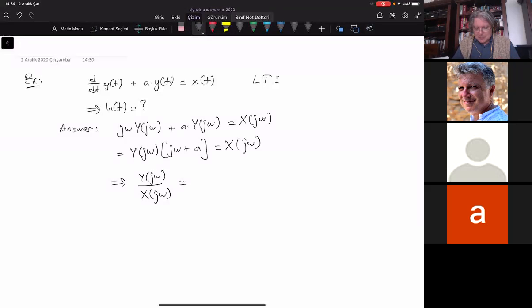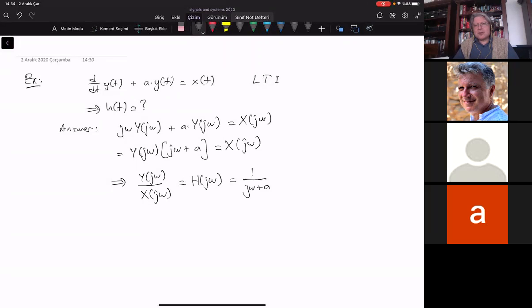By definition, y of j omega is h of j omega times x of j omega. Therefore, y of j omega over x of j omega is h of j omega, the frequency response. And from the previous line of the equation, y of j omega over x of j omega is equal to 1 over j omega plus a, or a plus j omega. Okay, this is h of j omega.